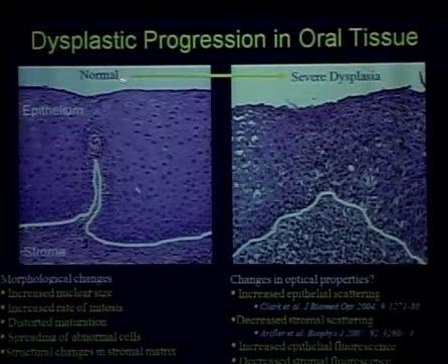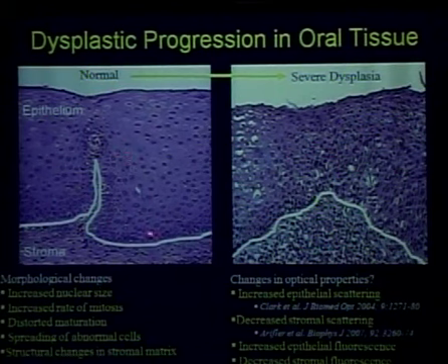And when you compare that to what we see in the histology, this is the normal oral mucosa, and this is severe dysplasia. With the shallow channel of the probe, we're probing approximately the top 250 to 350 microns of tissue. And that roughly corresponds to the thickness of the epithelium.